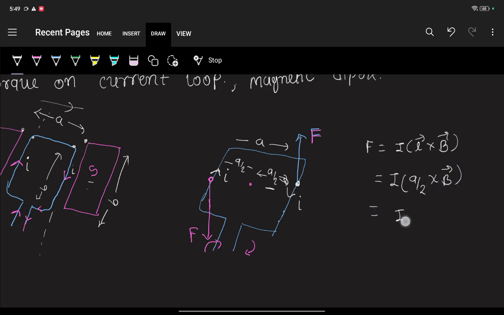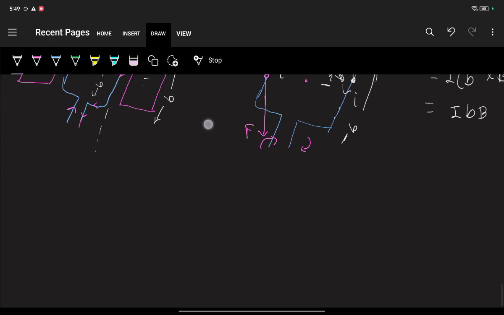Do we take a by 2 or this length b? Tell me. We will take this length b, the length of the loop, because here the current is going in this direction, right? Length is b. The force was given as ILB.